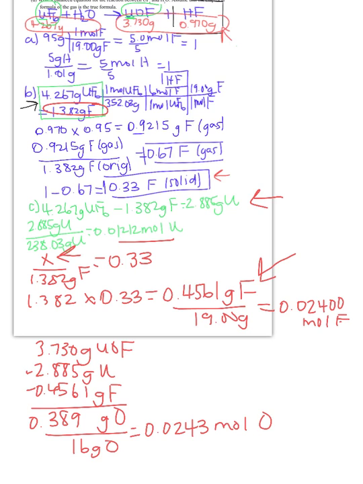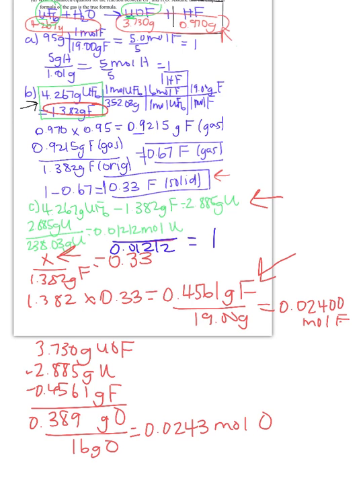And now we're ready to find our formula. The formula is going to be the lowest ratio of moles to moles to moles of uranium to oxygen to fluorine. So I already have my moles. I've got 0.01212 moles of uranium, I have 0.024 moles of fluorine, and 0.0243 moles of oxygen. Most of you will probably already see what the ratio is, but for those of you who are still struggling, we're going to divide by the smallest number of moles, which is 0.01212. So I'm going to divide by 0.01212, and that gives me the number 1.